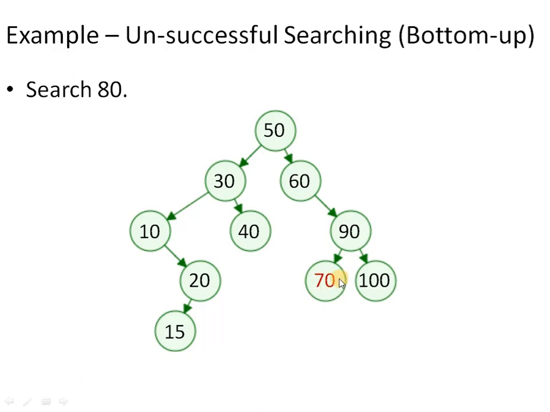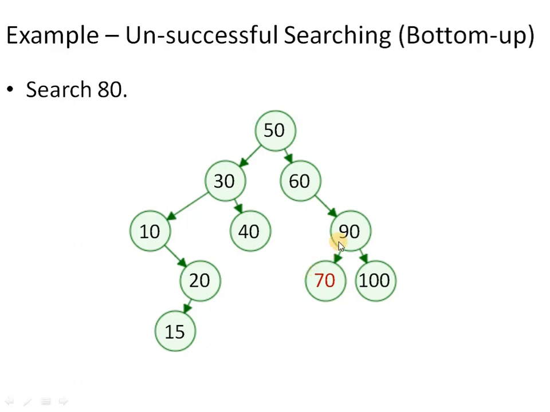At 70, we will check if 80 is less than or greater than 70. Since 80 is greater than 70, if it is present, it should be somewhere at the right of 70. But now right of 70, it is null. So we have reached a condition where a null pointer is found instead of the value which we are searching for. So now we have to splay at this node, that is 70.